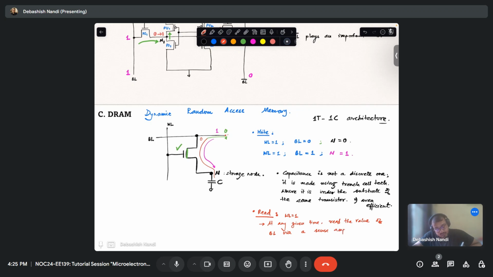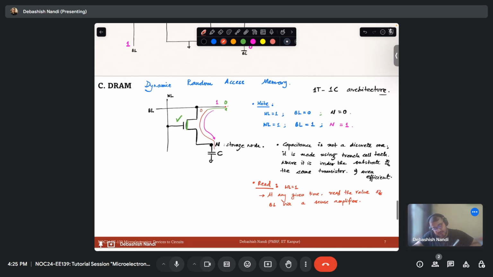Okay, but what is happening, you understand it very carefully, that whenever you read, C gets discharged, or C loses its value. This is called destructive read, which was not present in case of your SRAM. Okay, so that is one clear distinction.